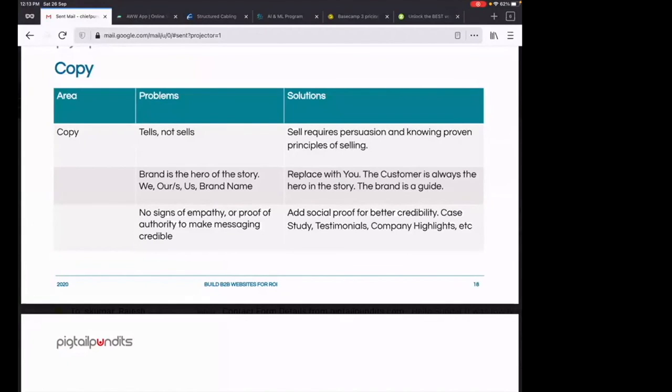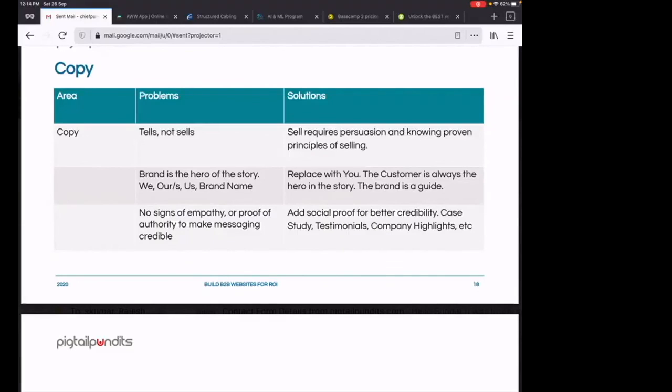One, what is the kind of persuasion that they are employing? Is it tell or is it sell? And 2, as I mentioned upfront a while ago, is the brand the hero of the story or is the customer the hero of the story? Ideally, it should be the customer. The third is the presence or absence of social proof.